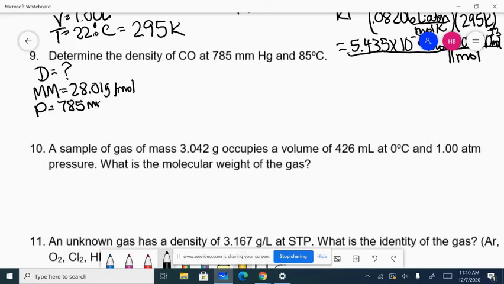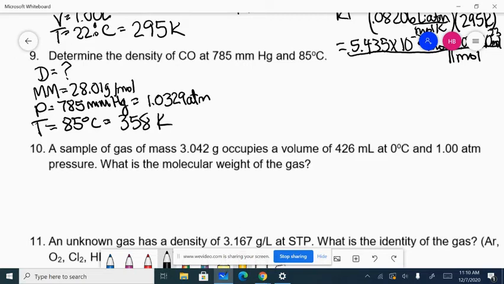We'll divide that by 760 because there's 760 millimeters of mercury in 1 atmosphere to get 1.0329 atmospheres. Not worrying about significant figures. And a temperature of 85 degrees Celsius. I'll change that to Kelvin right away to get 358 K.